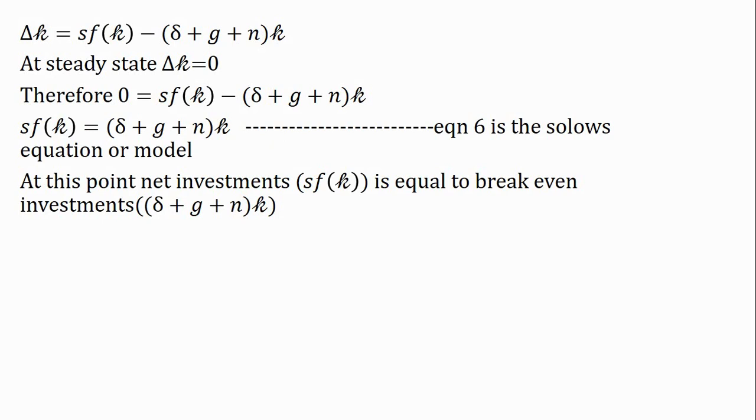We will see that it varies because our capital per effective worker does vary. So if you tune in to my next tutorial, we shall prove that in the Solow's model, the theta or the capital output ratio is not fixed, but varies.